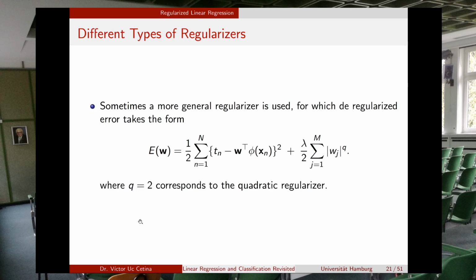Now you can run experiments with different kinds of norms. So this is the general norm. This Q in this case corresponds to the quadratic regularizer. So in this case you will compute the square root of this norm of the W, of the parameters.